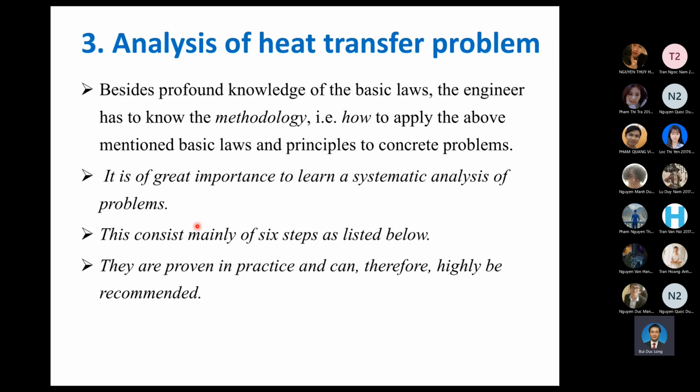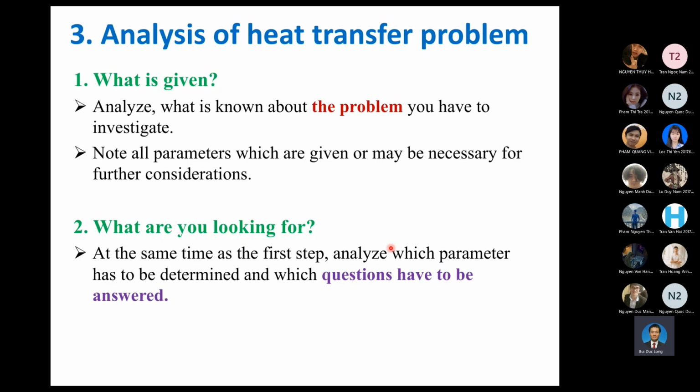So for analysis of a heat transfer problem, we have 6 steps, and this also involves process design. So you have to know the 6 steps. The first step, we have to analyze what is known about the problem. You have to investigate.